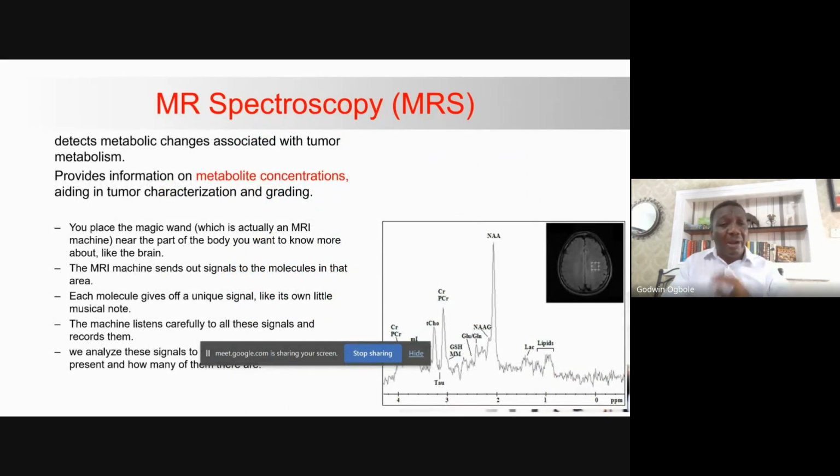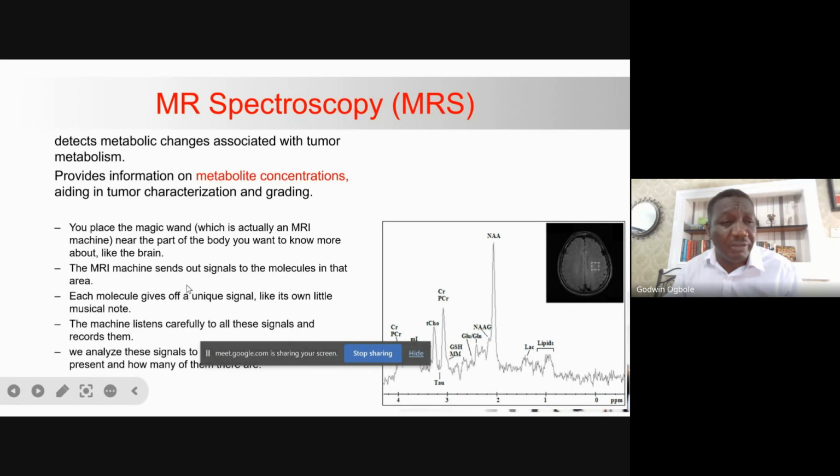MRI spectroscopy is the one that talks about the metabolites that are contained within the tumor. These metabolites are several. The details I will not go into, but understanding the variation and changes in the metabolites helps us to further demonstrate the types of tumor that we have.